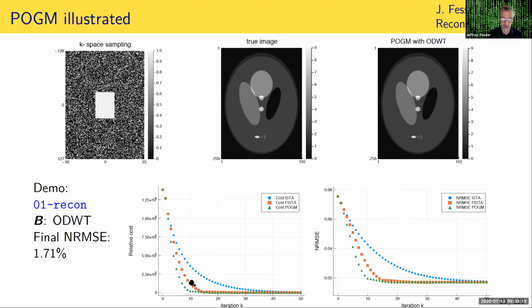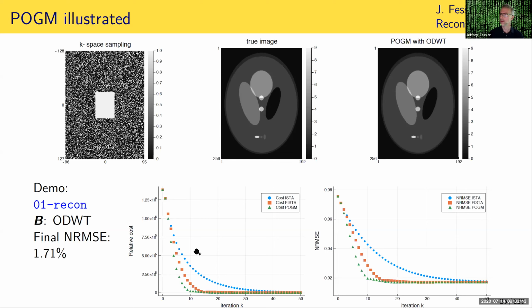The orange is the order 1 over k squared convergence rate that you get with Vista. And then POGM also has an order 1 over k squared worst case convergence rate, but with a better constant. You can see that better constant leads to additional acceleration. It's not a gigantic additional acceleration, but given that it hardly takes any more work to implement, in my experience, it's worth it, and we've used it for quite a few different applications.